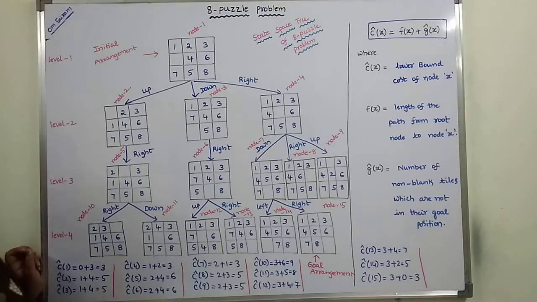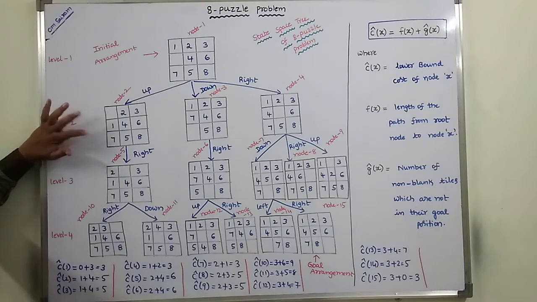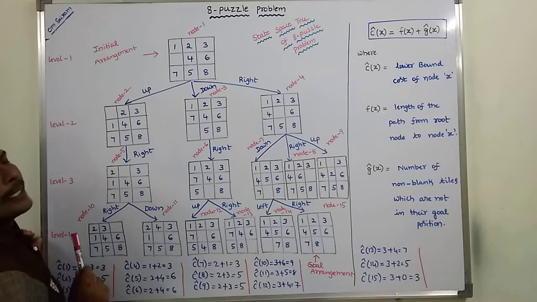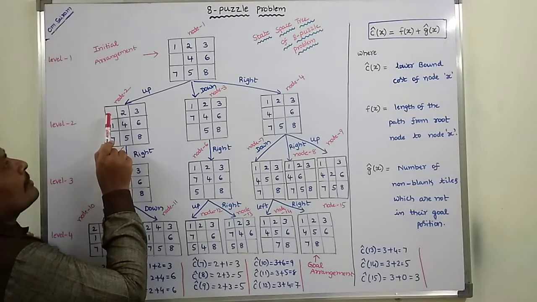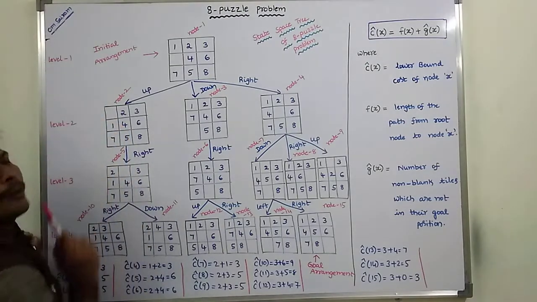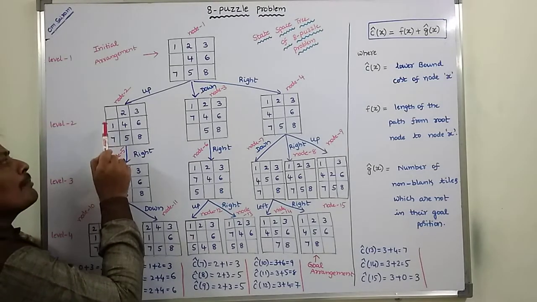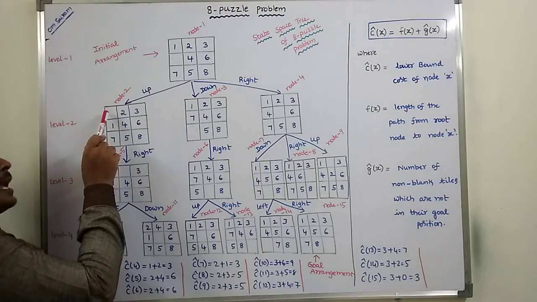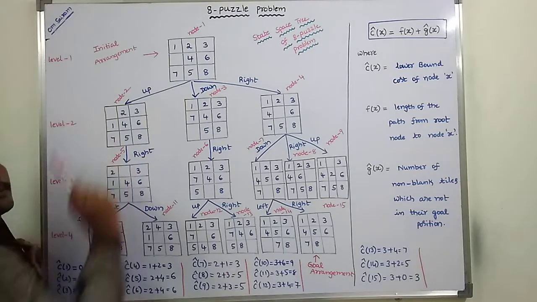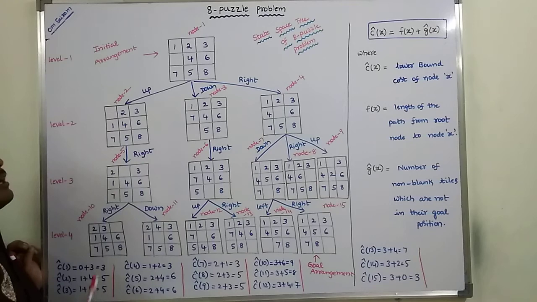Okay, next one. Now we go for the next level. So this is now node X. What are the possibilities of moving the empty slot? The empty slot can be moved to the right direction. It cannot be moved up or left. It can be moved down, but then the parent node becomes the result.